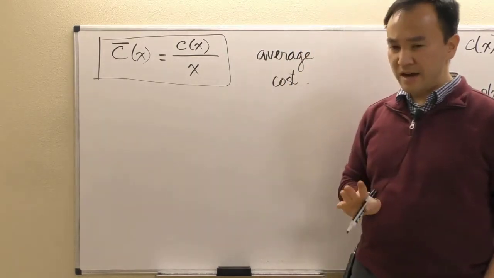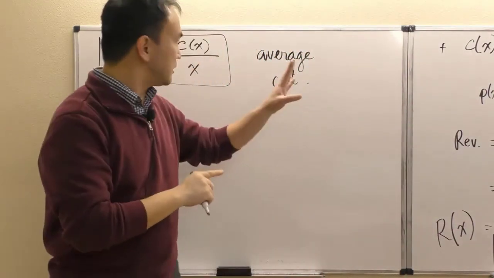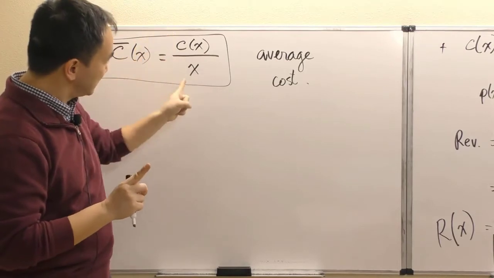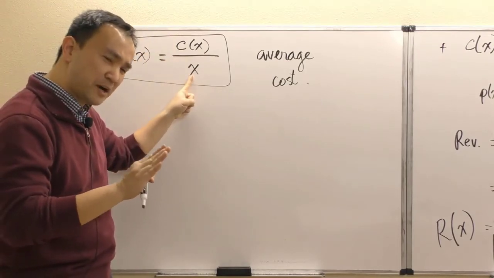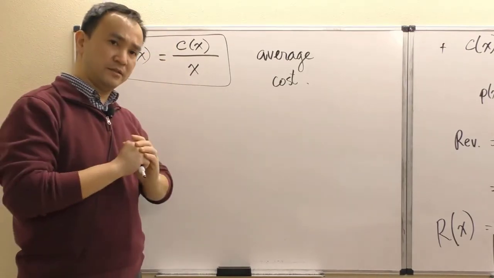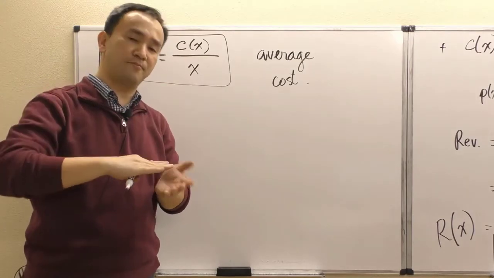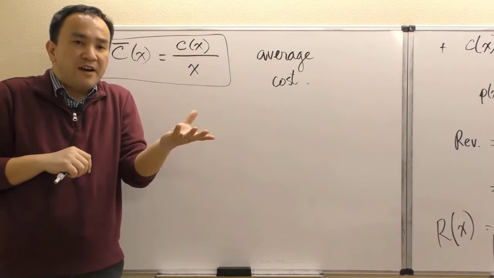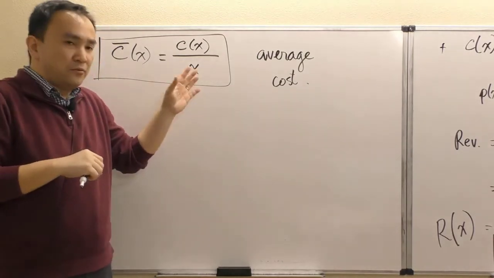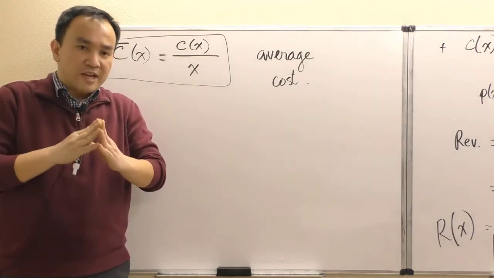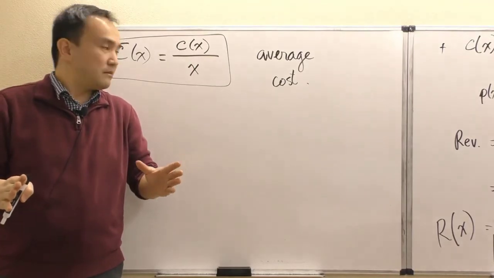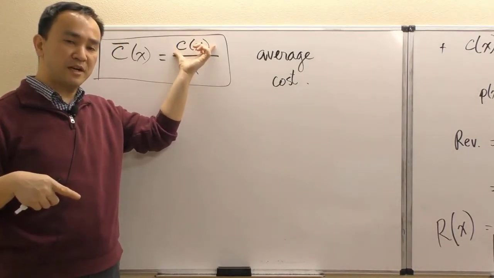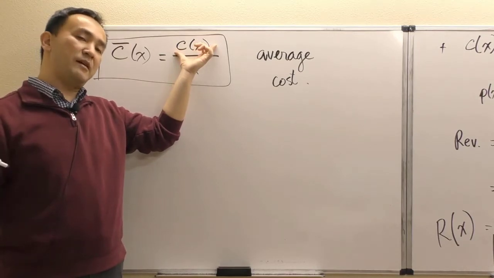Average cost is different from the other cost. This is the total cost right here. The C is the total cost, but for average cost, you see how we divide the total cost by x right there? So this is cost per item, on average, just like we would find an average value. So here we produced x items, and we already knew that producing x items costs us this much amount, C dollars.